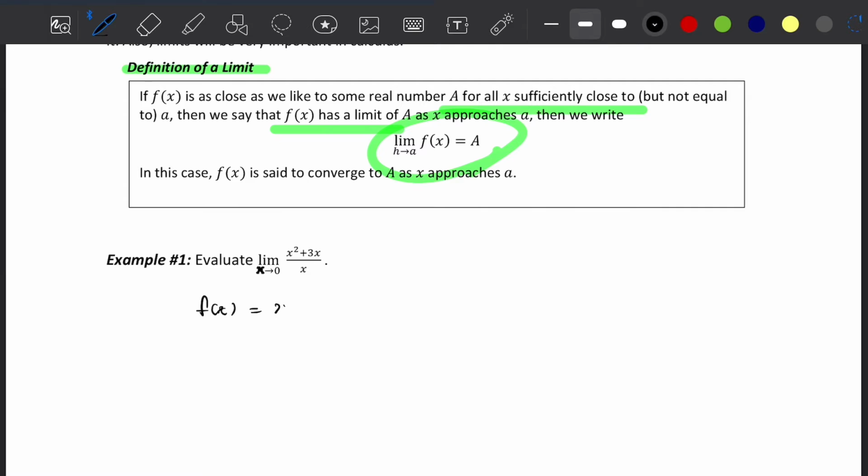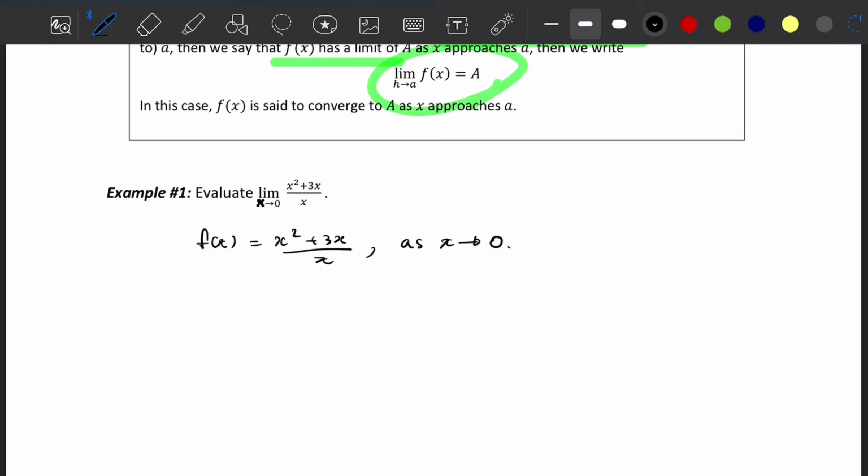So function f of x equals x squared plus 3x over x, and we are trying to find the limit of this function as x approaches 0. It is very tempting to substitute x equals 0 into the function f of x. However, in doing this, not only do we get the meaningless value of 0 over 0, but we also ignore the basic limit definition. So this is not working.